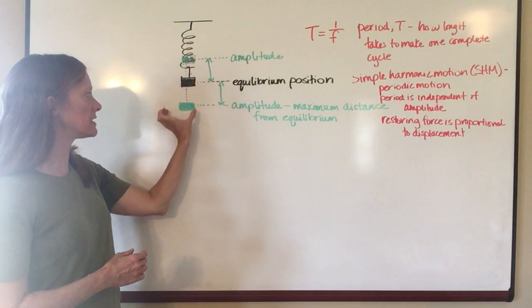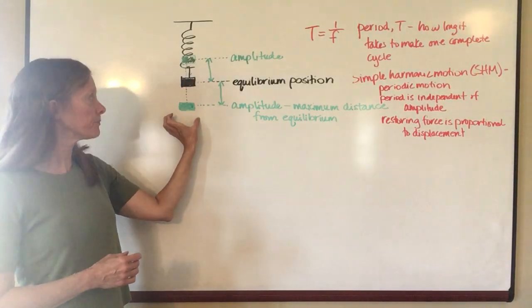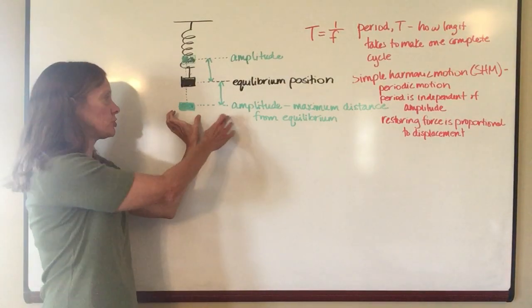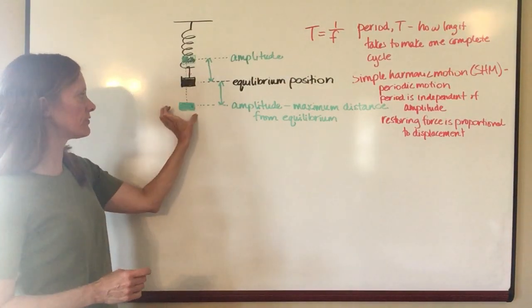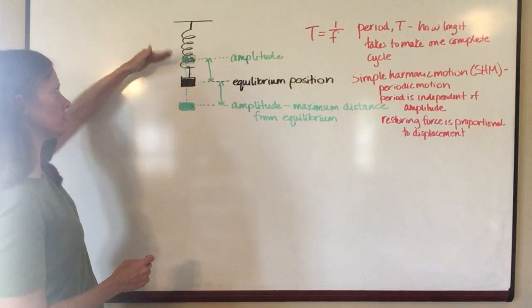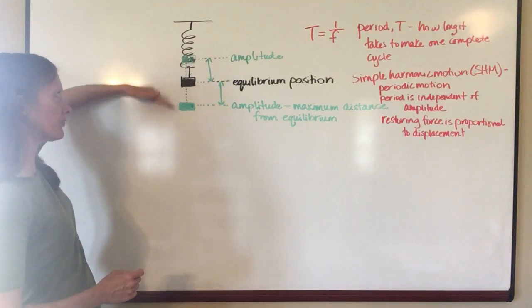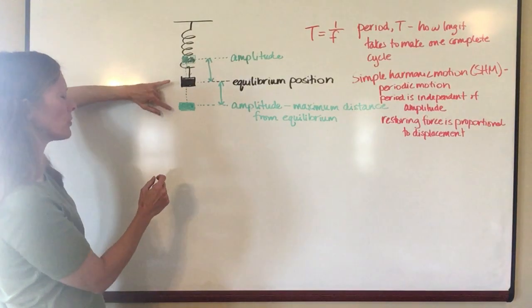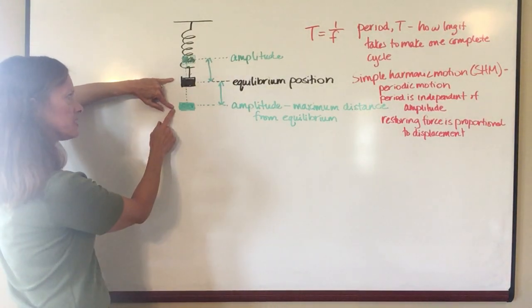Once you displace it, once you pull it down, the amount that you pull it down is going to be the amplitude. Because once I pull it this far and then let go, it's going to keep bouncing back and forth. It's not going to go any lower than I pulled it. And so that's the maximum distance here.